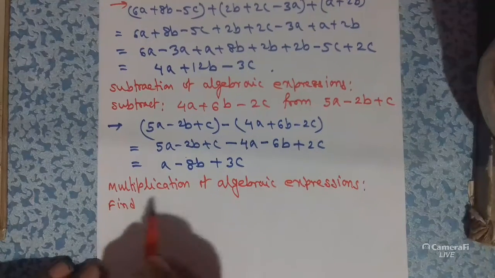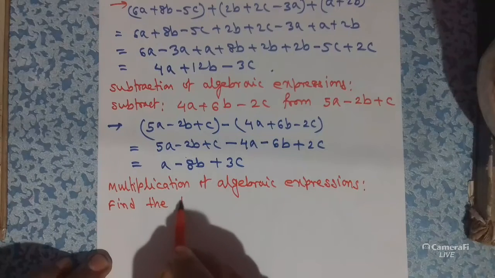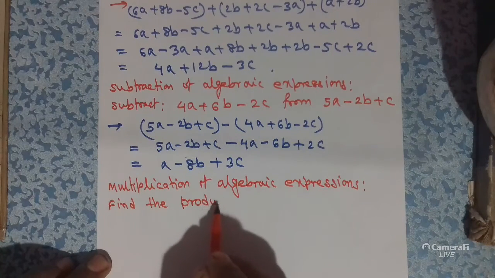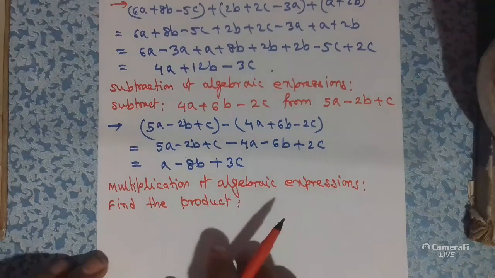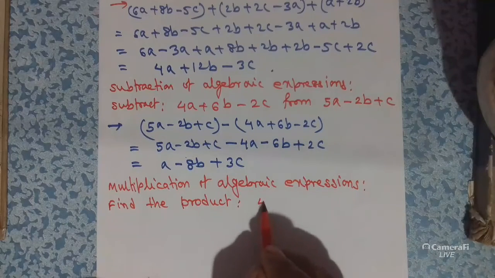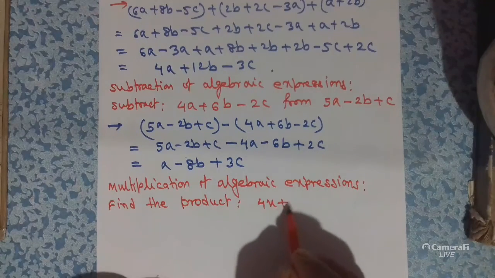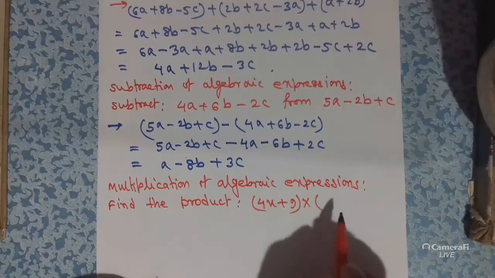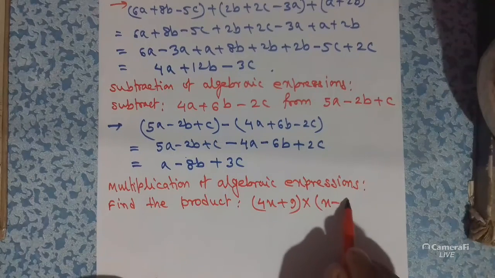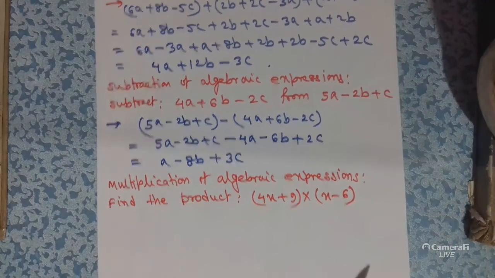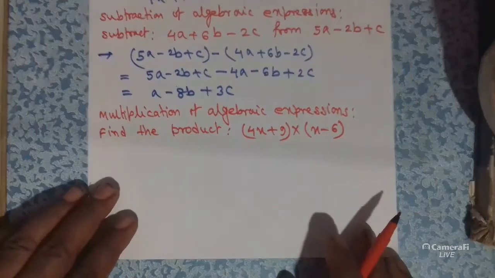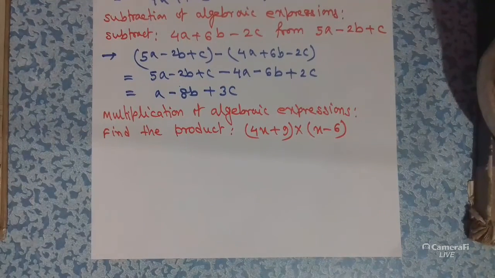The problem is: find the product of 4x plus 9 and x minus 6. 4x plus 9 multiplied by x minus 6.